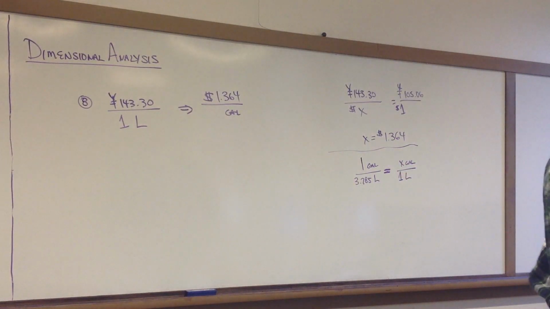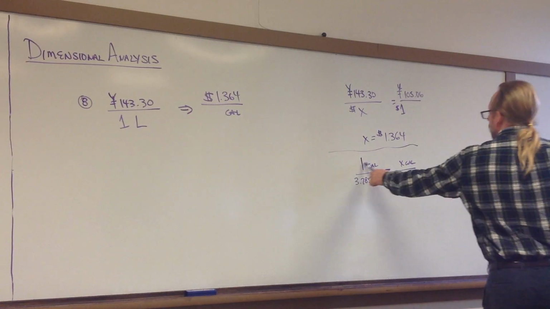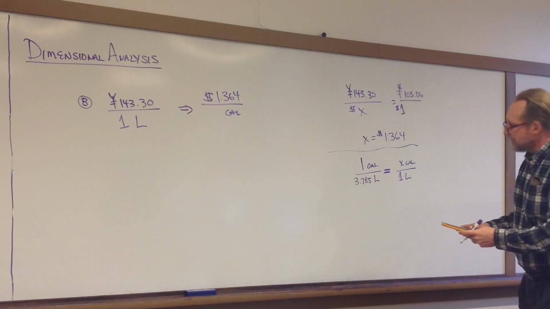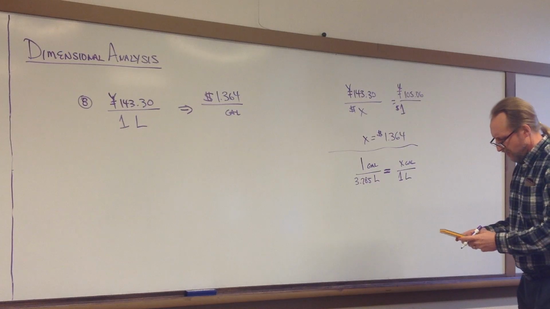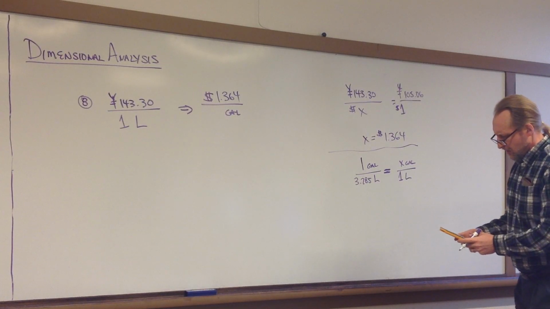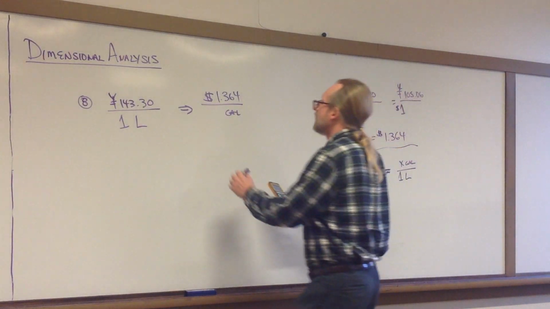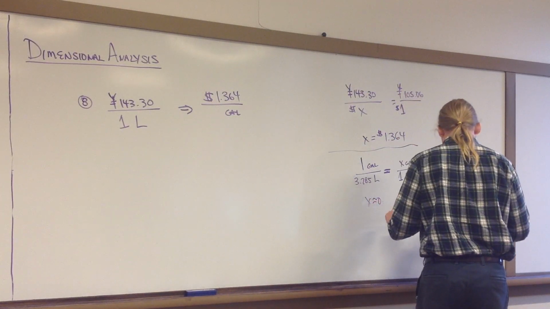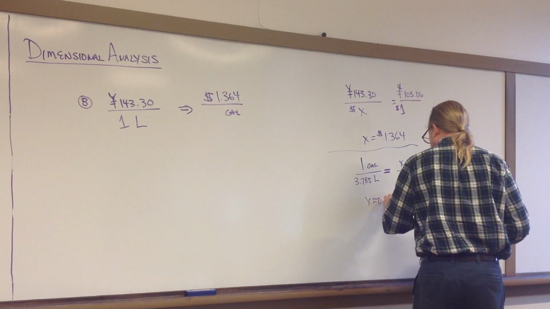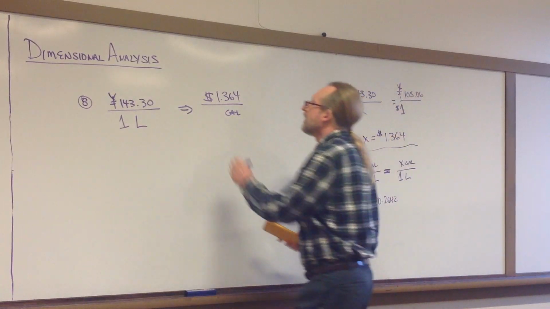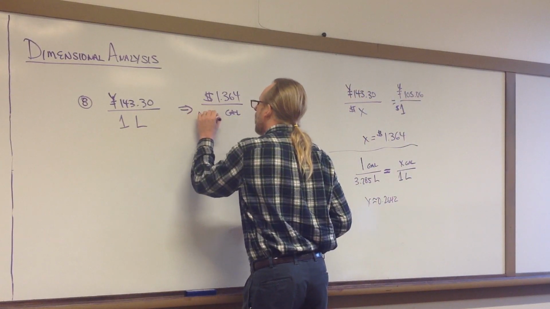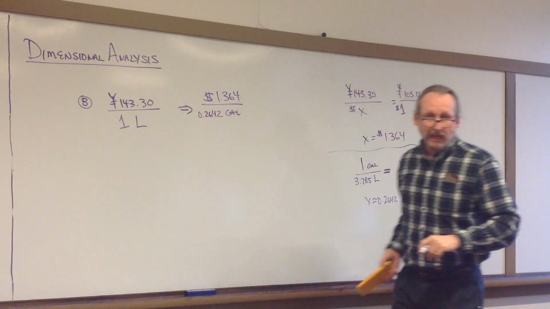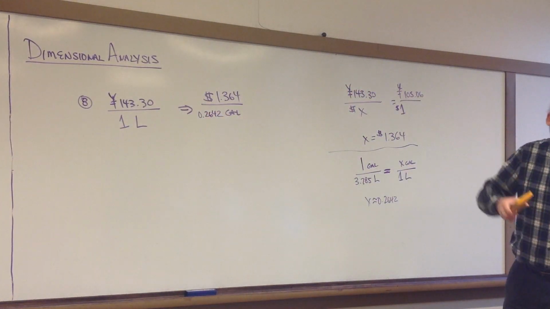And so what are we going to do? We're going to multiply 1 times 1, divide by 3.785. And so X is going to be about 0.2642. Now remember I said how this was going to be less than 1 because gallons are bigger than liters.